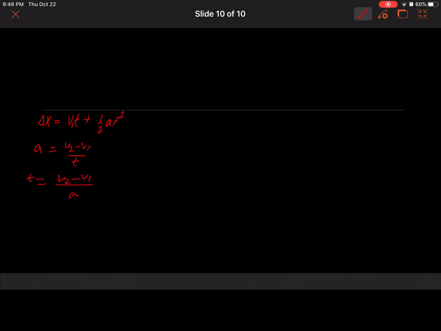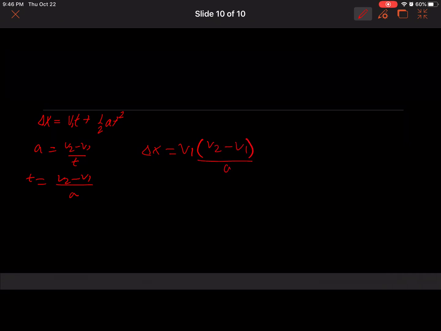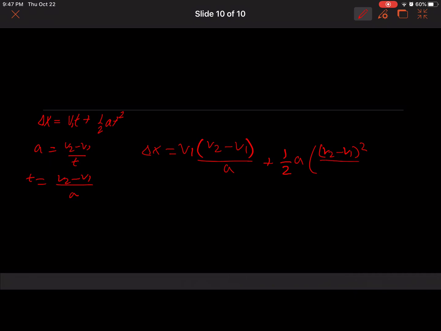So now we substitute for time. Displacement equals v1 (v2 minus v1) over a plus half a (v2 minus v1) squared over a squared. Okay, so this is going to take up space. Maybe I have to make another slide.